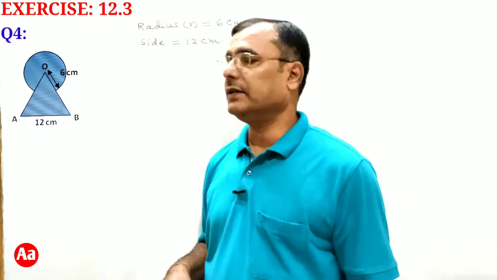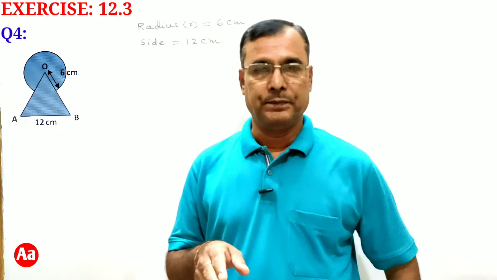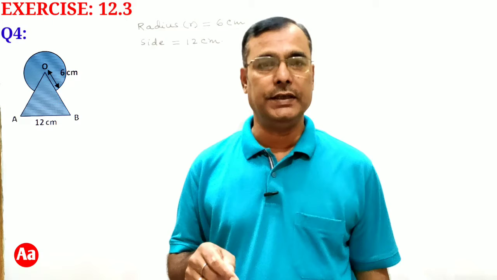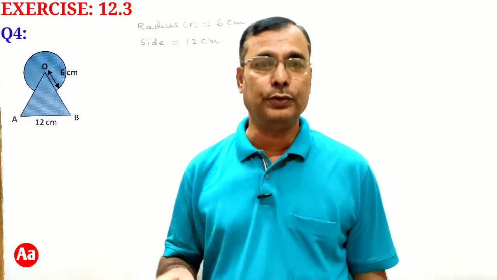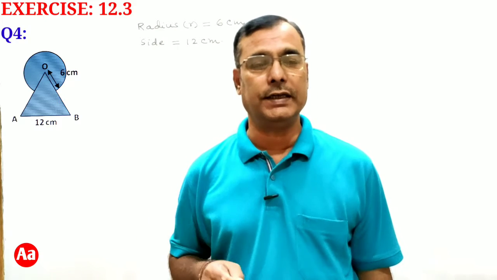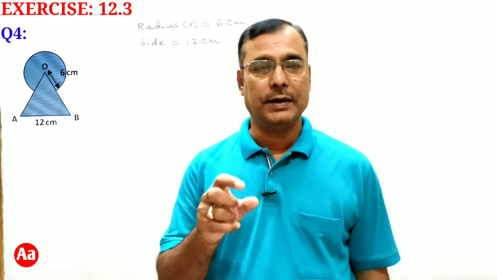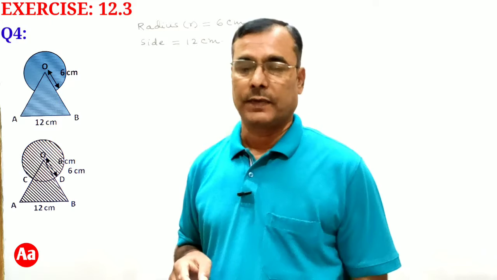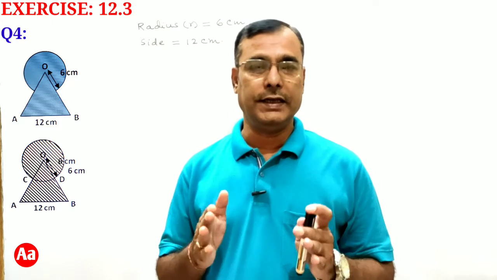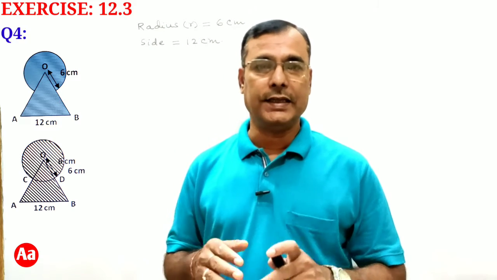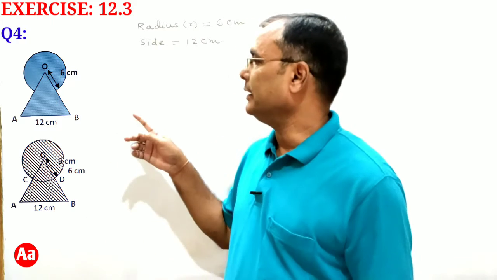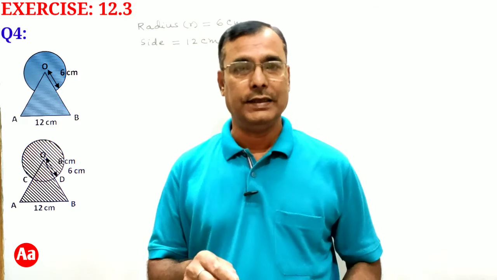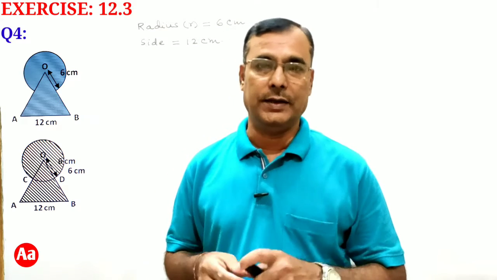Area of shaded region we are going to find equal to area of triangle OAB plus area of full circle with center O and radius 6 centimeter minus area of sector OCD. Because if you find area of triangle plus area of circle, this area of sector OCD is added 2 times.